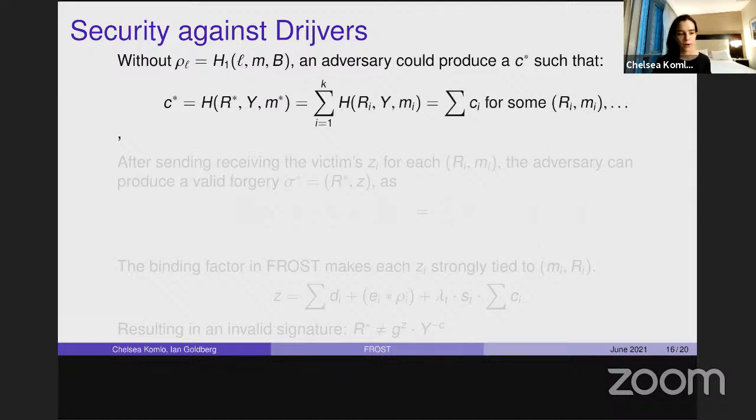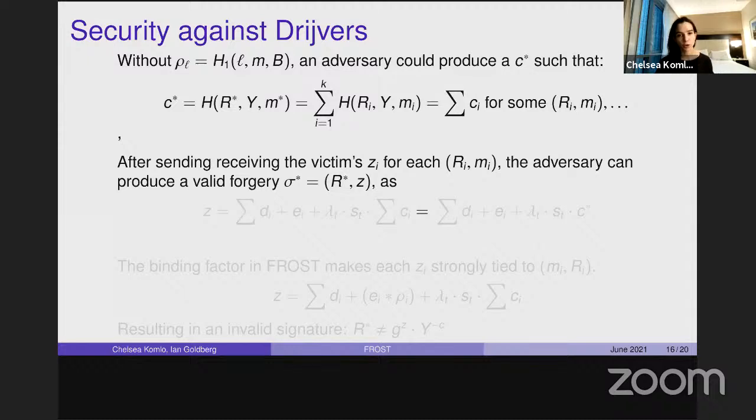But we know from Wagner's algorithm and from the Drijvers attack that you can find some c* which is equal to the sum of the output of some other hash outputs. So here you can find some set of commitments R_i, m_i that sum to this c*. And essentially that's coming from Wagner's algorithm, and the Drijvers et al. authors noted that you can use this in a forgery attack against multi-signature schemes.